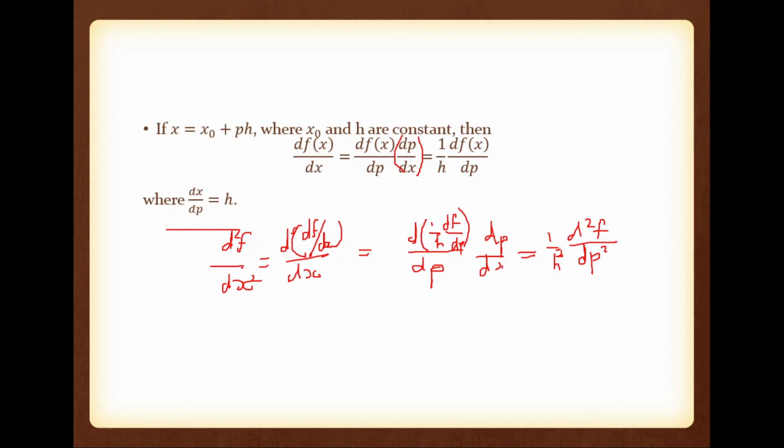So d square f by dx square, we can write as 1 by h square into d square f by dp square. So please note, df by dx is equal to 1 by h into df by dp, and d square f by dx square is equal to 1 by h square into d square f by dp square.